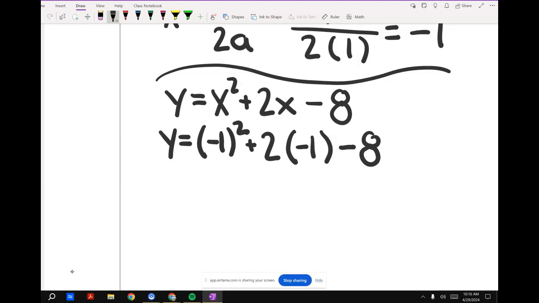To simplify, we follow order of operations and combine like terms when we're all done with that. Negative 1 squared would be positive 1. We have 2 times negative 1, so that would be negative 2, or 1 minus 2. And then we have minus 8.